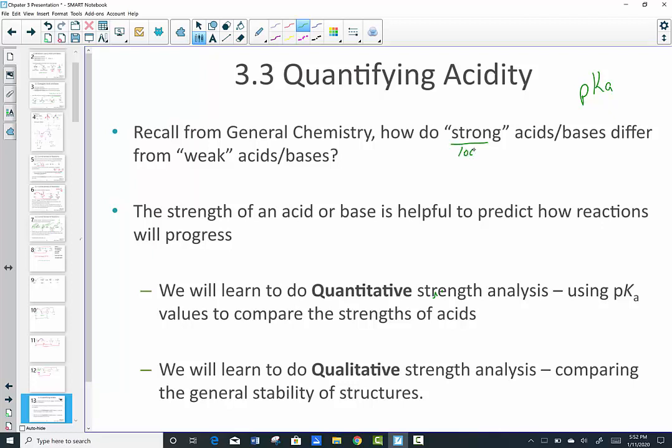That means when I place it into water, it 100% ionizes to form its aqueous ions. Right? And the strength of the acid lies in the amount of ions it can produce. So a strong acid creates lots of ions, and you're favoring the right side of our dissociation equation.